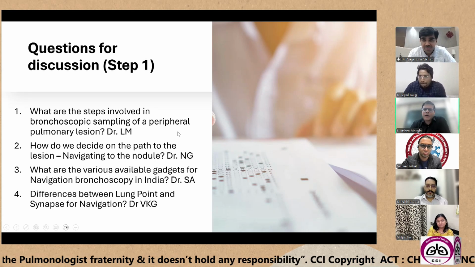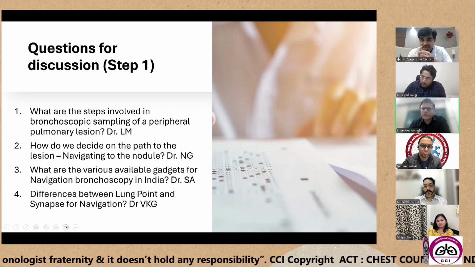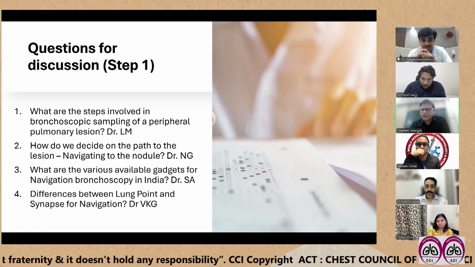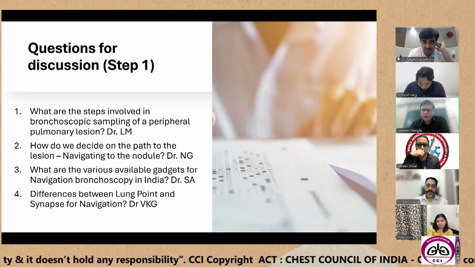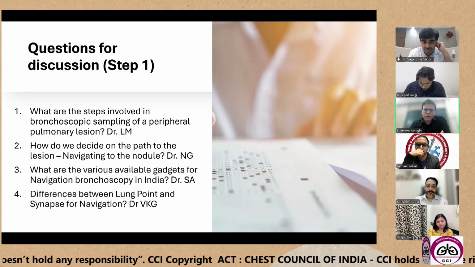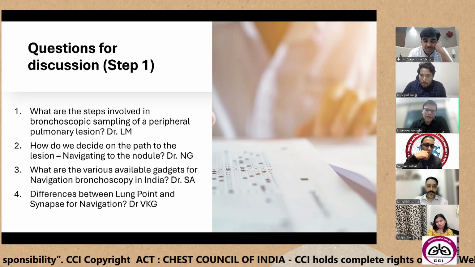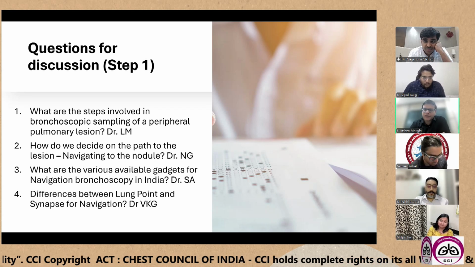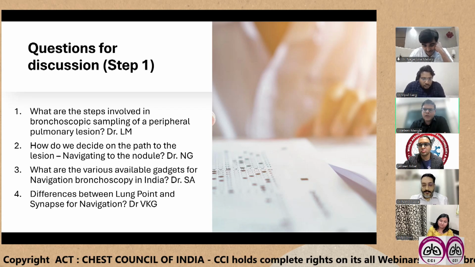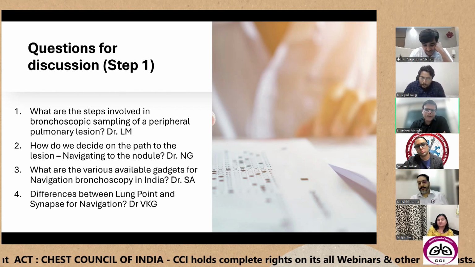First, we need to identify the path to the nodule. We have already discussed that we need to look into the CT scan. We need to size the location of the nodule and the path to the nodule through the bronchus sign, if it can be positive. Then we will navigate our bronchoscope, maybe the ultrathin or thin bronchoscope, to the lesion.